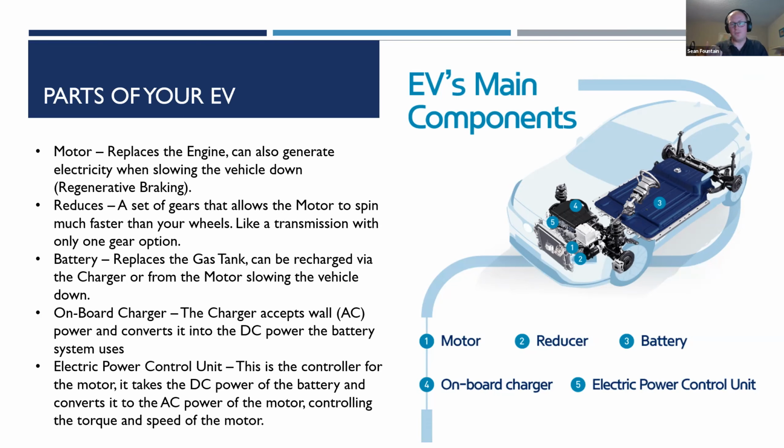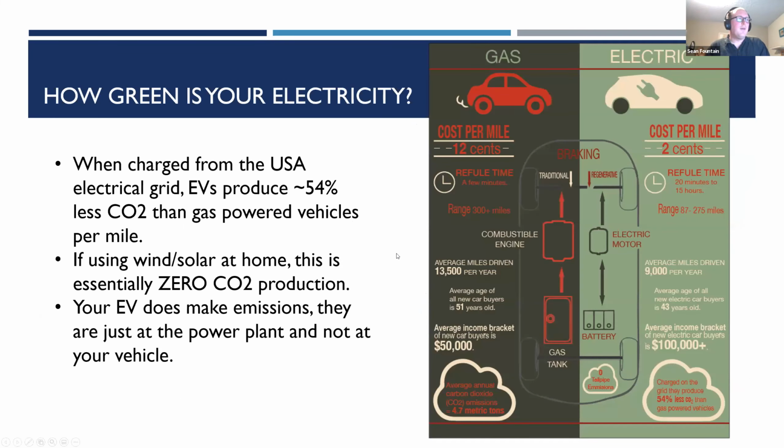And so that controls how much torque or braking the motor is doing. So it's not like just a fixed wall plug. Even if there wasn't a battery that required direct current, you'd still need a motor control unit. So you can't get rid of that. So those are the basic components in an electric car that you won't find in a gasoline vehicle.